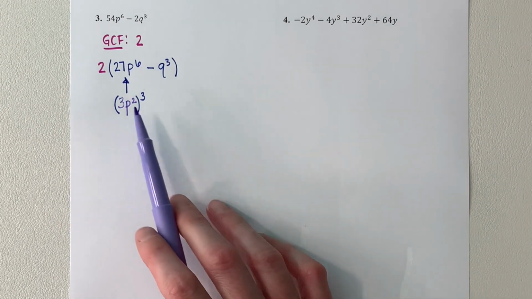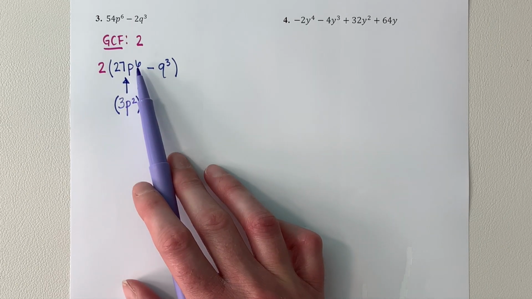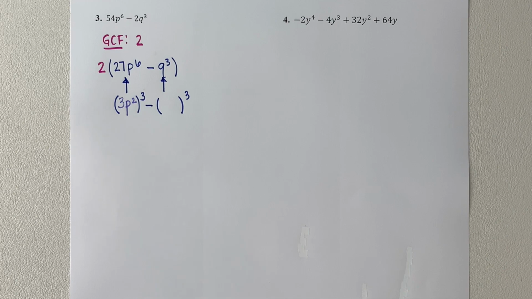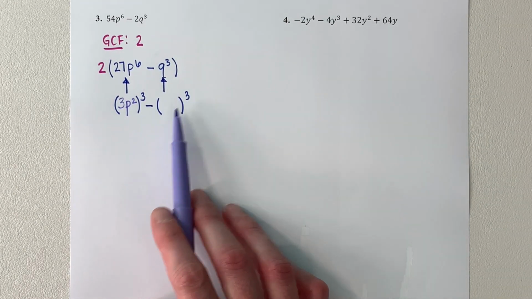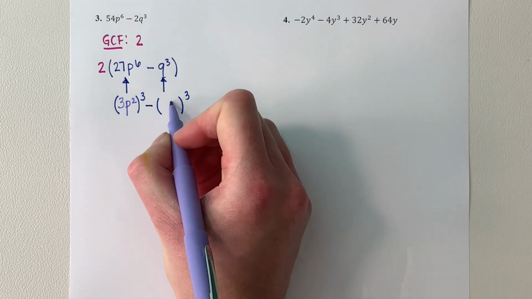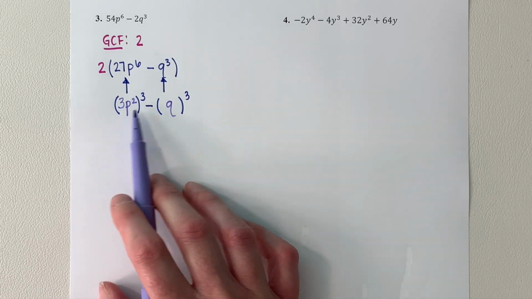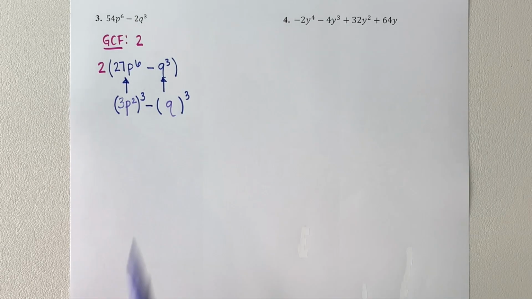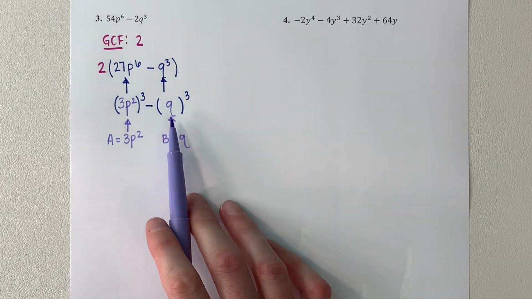Because remember, when you raise an exponent to an exponent, you multiply, so 2 times 3 gives us 6. Then to determine b, we need to rewrite q cubed as some quantity cubed. Well, to get q cubed, we just have to cube q. Now what's inside these parentheses here is our a and our b. A is 3p squared and b is q.